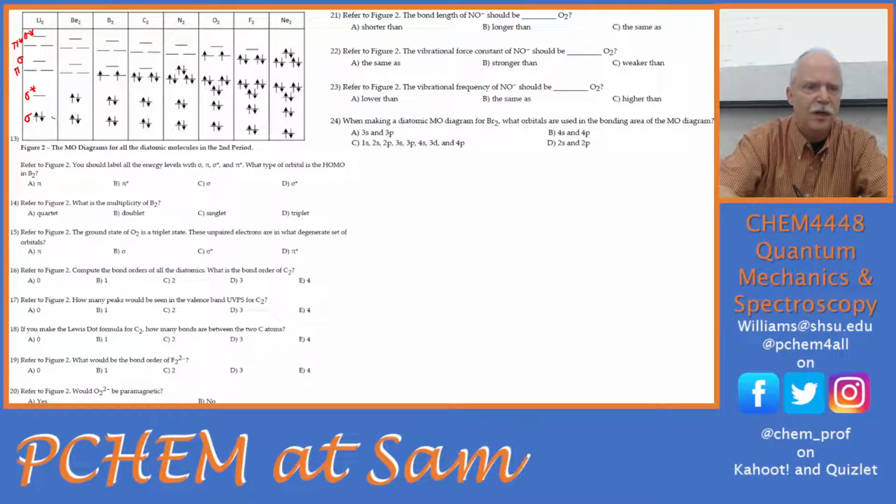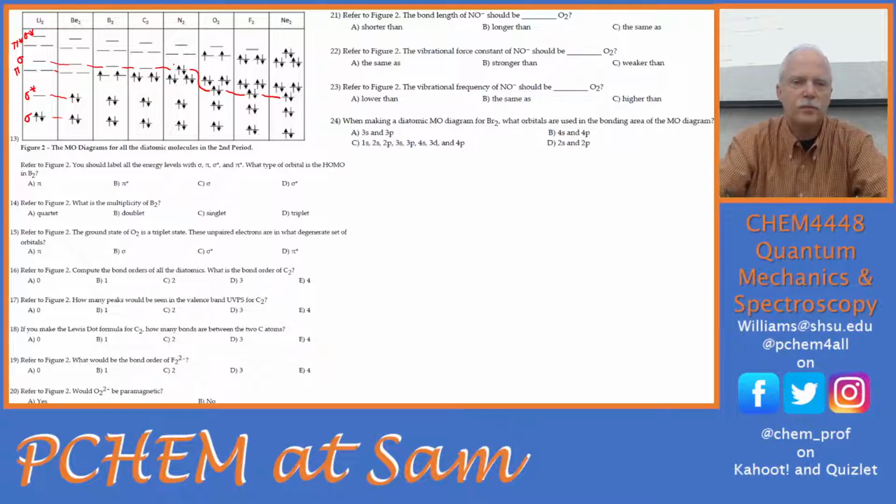And then these are all connected. And then this is that SP mixing. Although I didn't really ask any questions about it, it's still here in this figure. And it drops down below here when we get to oxygen. So this is that sigma bonding orbital with the p orbitals, and that's the one that moves the most.